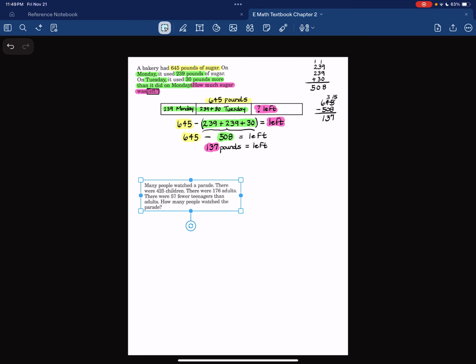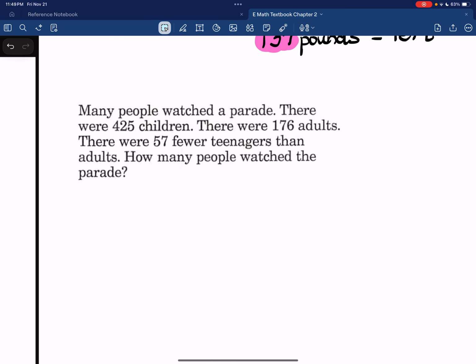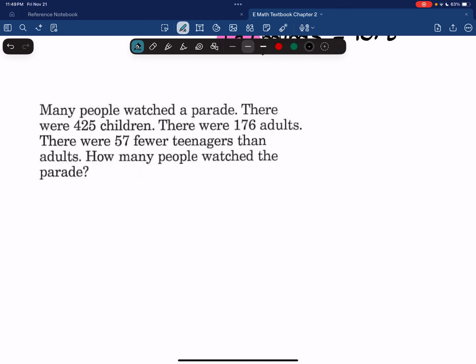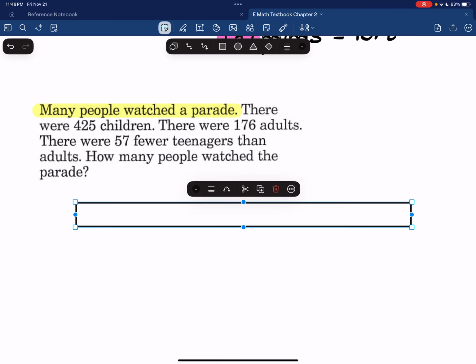So I'm going to paste my problem and I'm going to highlight it. Many people watched a parade. That's your total, and we don't know that number. So when I draw my model, we don't know.